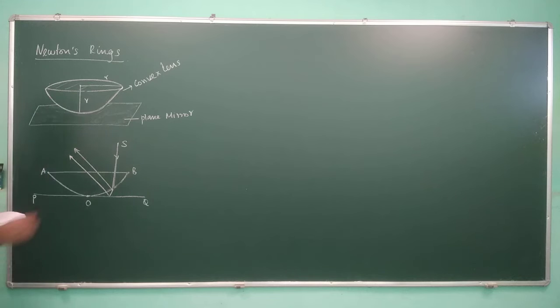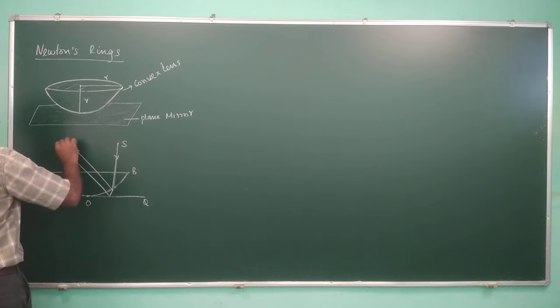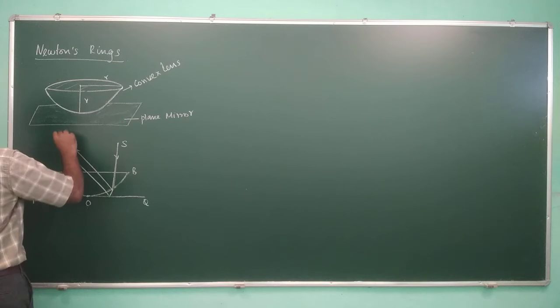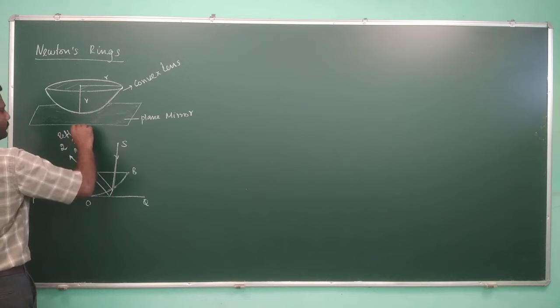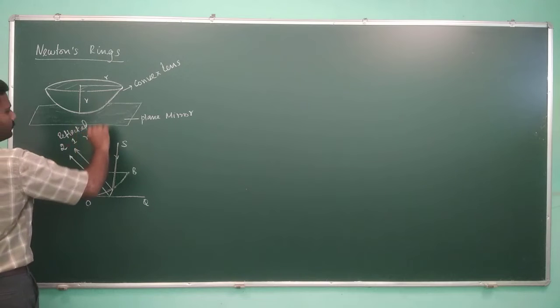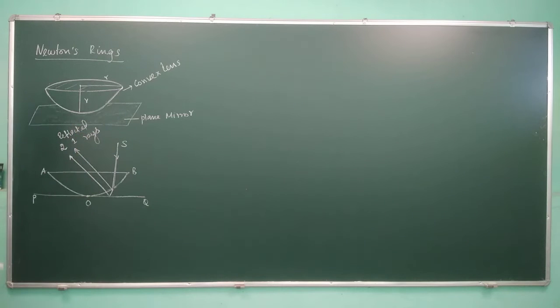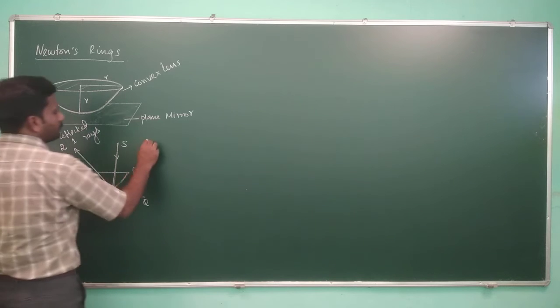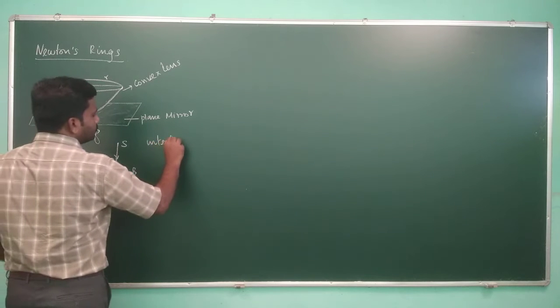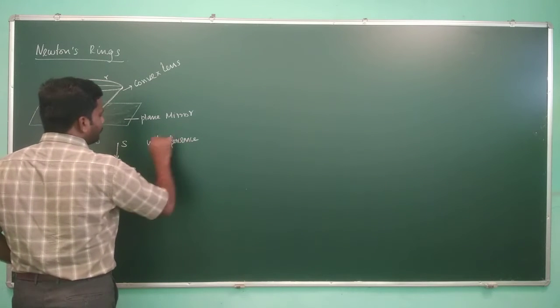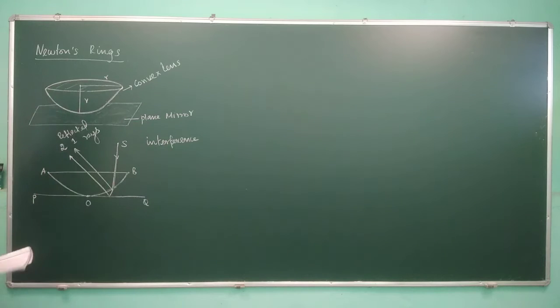Now we can say that this is ray 1, this is ray 2, these both are reflected rays. These reflected rays undergo interference.